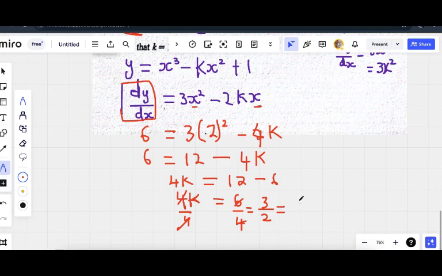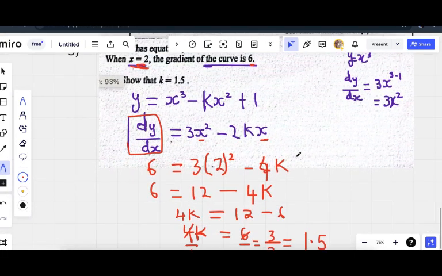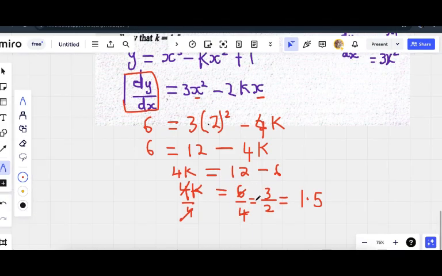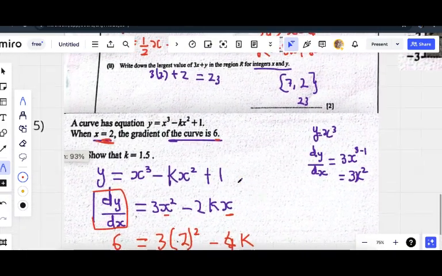So k is equal to 1.5. They've already told you that k is 1.5, but they want you to show how k is 1.5. So we can simply write that k has been proven to be 1.5.